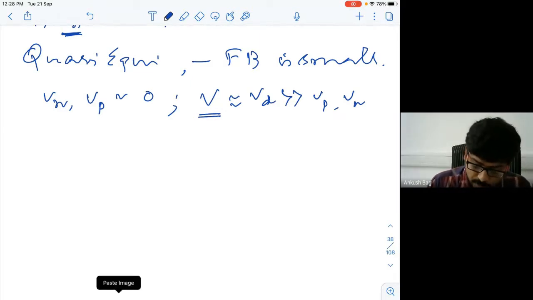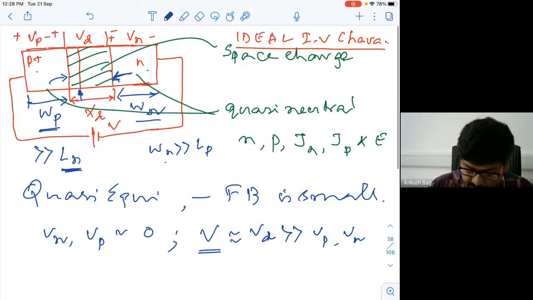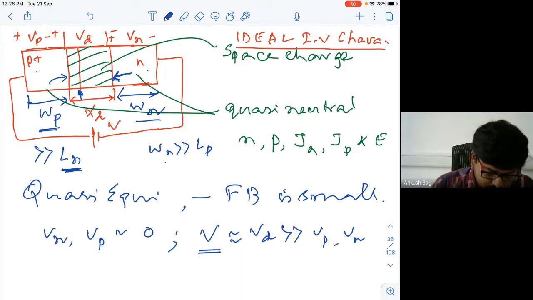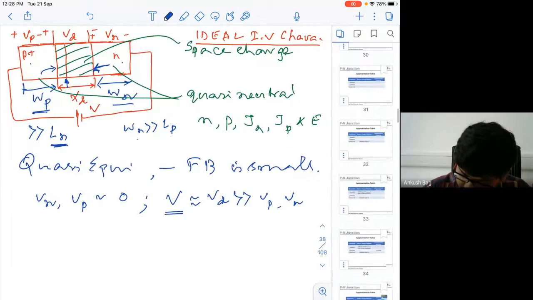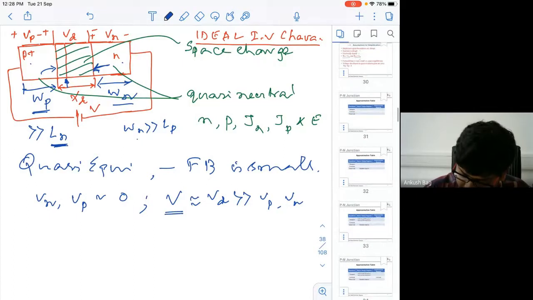Now, once again, we have seen the different steps associated with this device analysis. We need to consider a different set of approximations for different regions. For that we have drawn an approximation table.